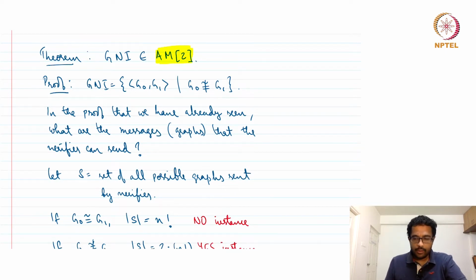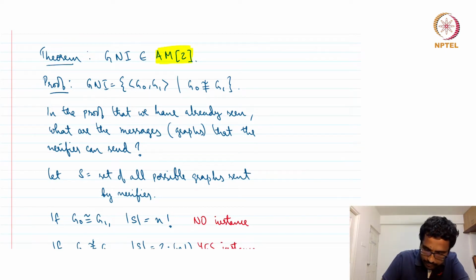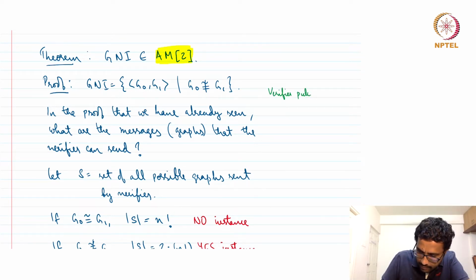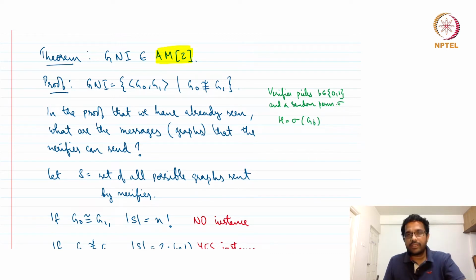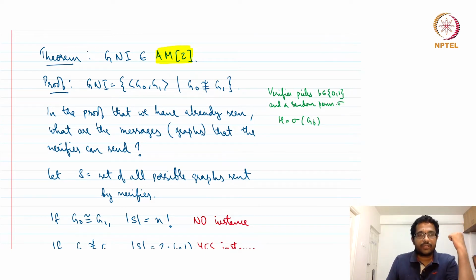The verifier picks B from 0, 1 and a random permutation sigma, and then sends H, which was sigma of GB. So if B was 0, he would send a permutation of G0. If B was 1, then he would send a permutation of G1.